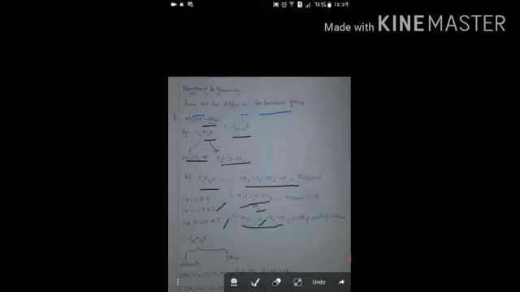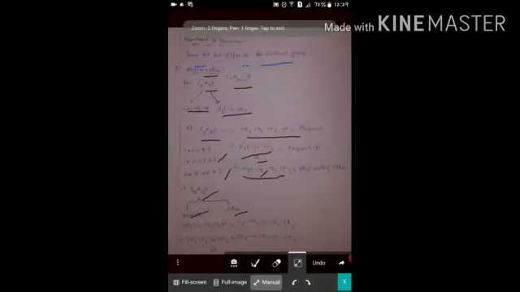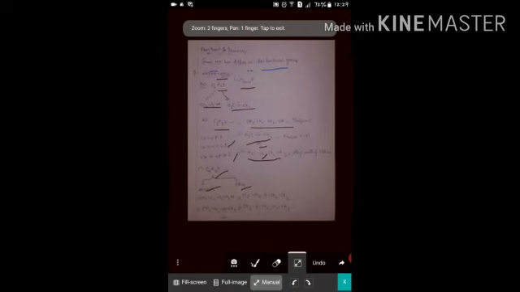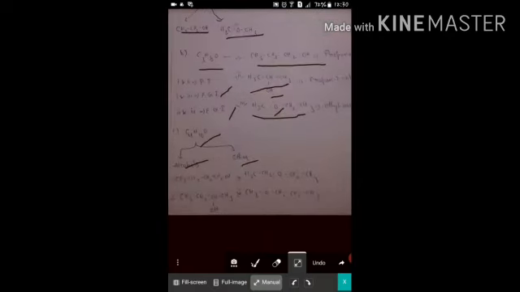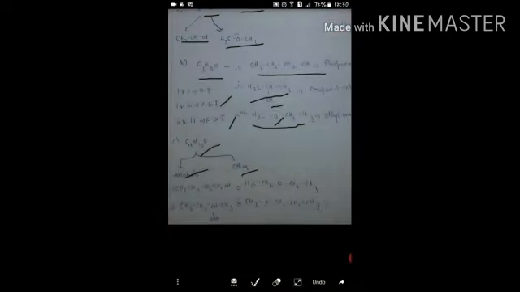Okay guys, the next example is C4H10O. Here we divide it into alcohols and ethers. We write the alcohol as CH3CH2CH2CH2OH, and we can write two types of alcohols.